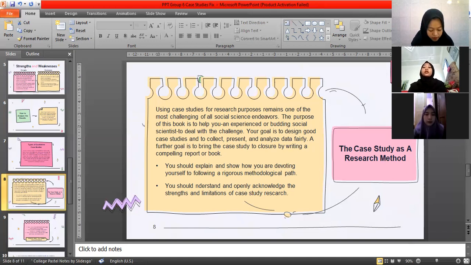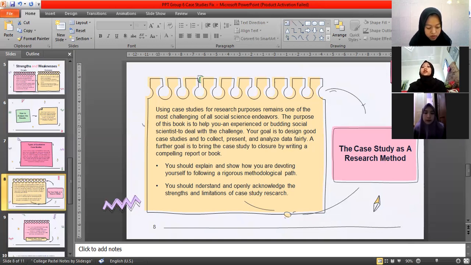So, do not underestimate the depth of your challenge. Although you may be ready to focus on designing and doing case study research, others may espouse and advocate other research methods. Similarly, prevailing federal or other research funders may favor other methods, but not the case study.